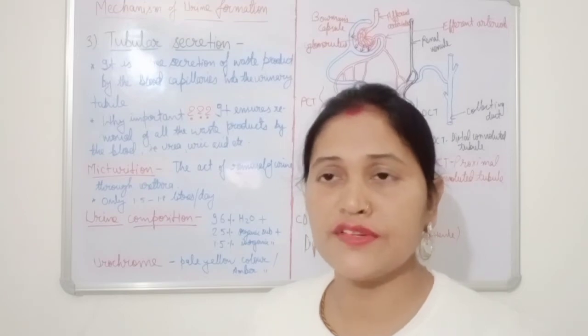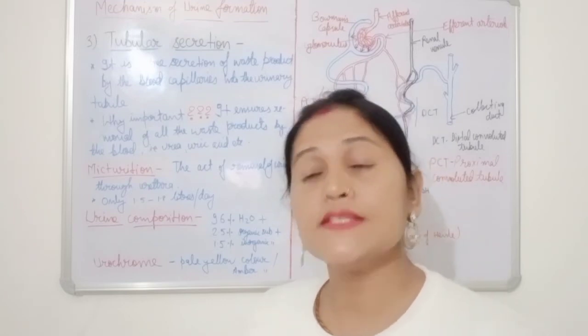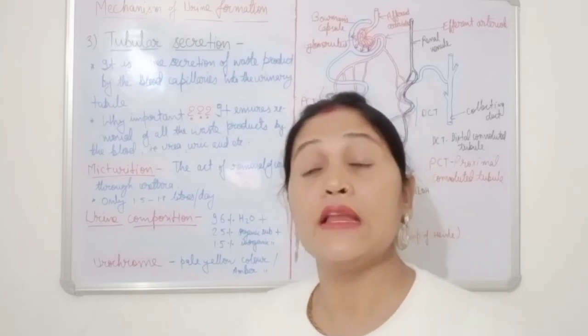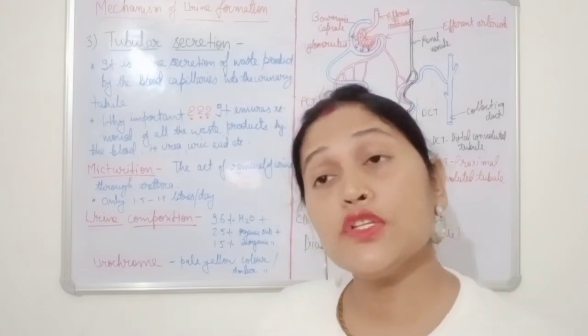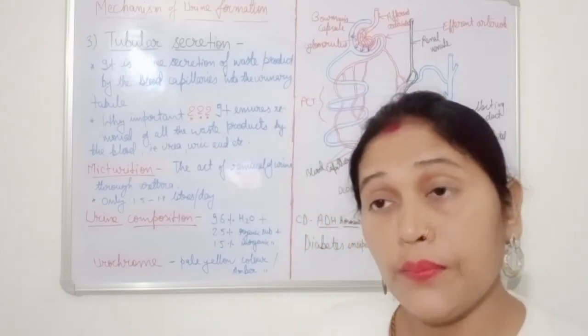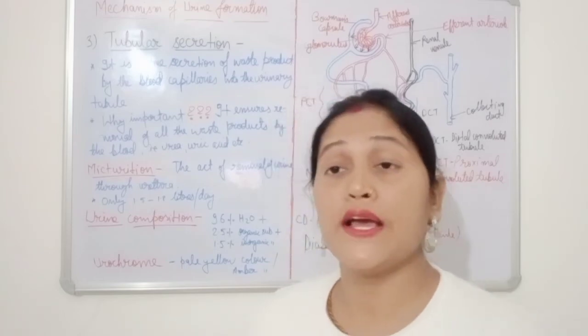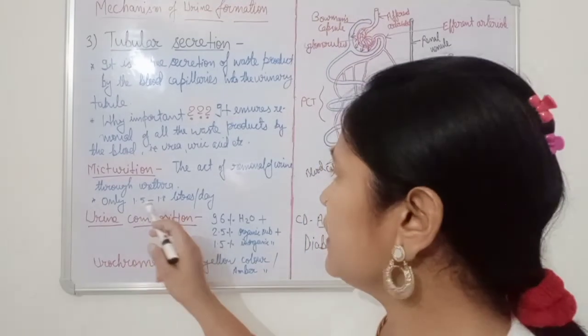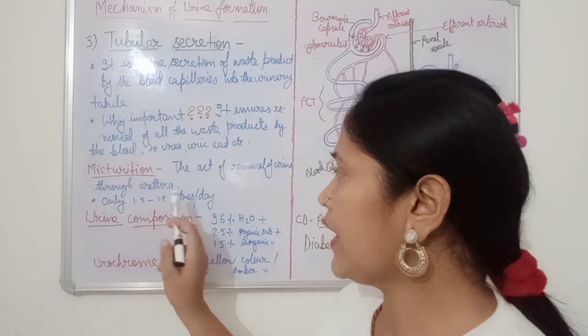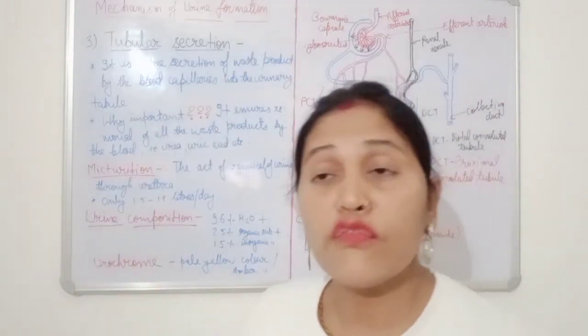After ultrafiltration, 180 liters per day. So 180 liters per day it has formed, but there is an output of only 1.5 to 1.8 liters.